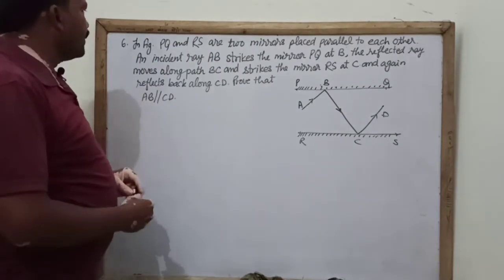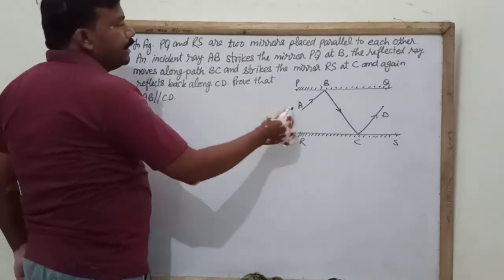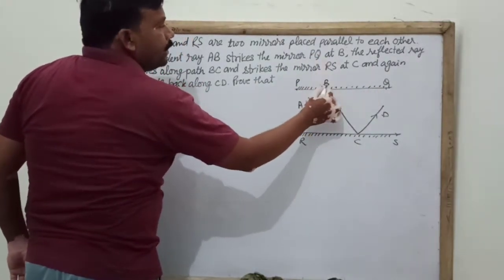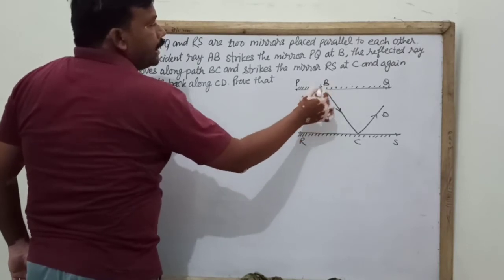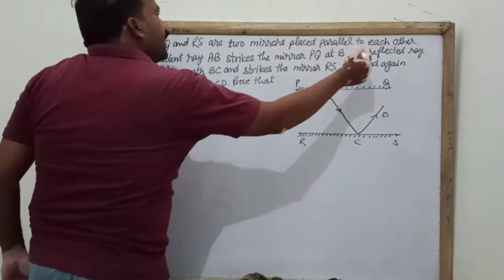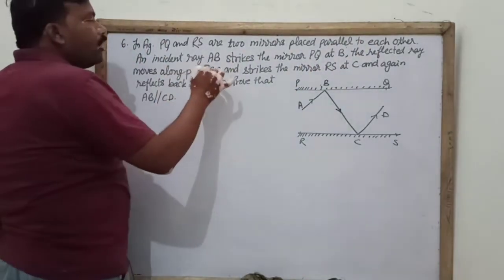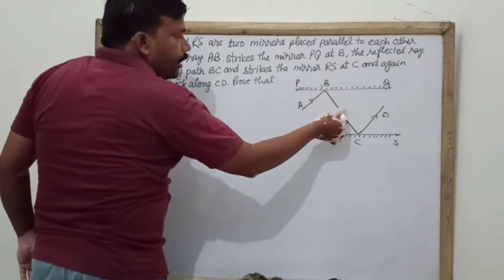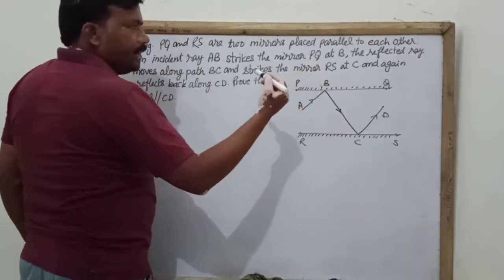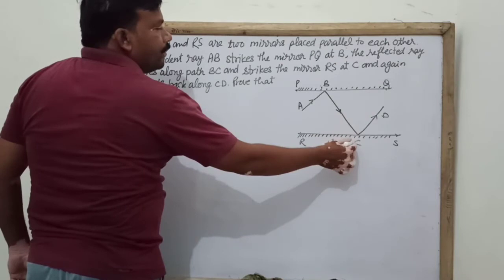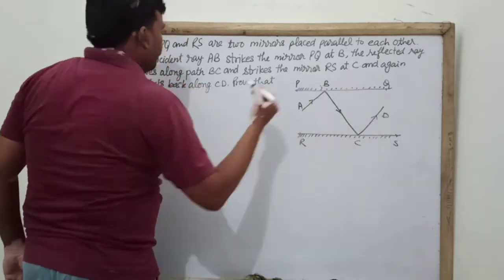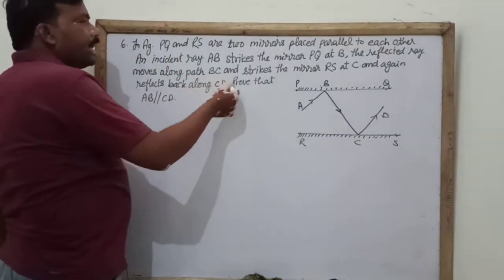Now next information is that an incident ray AB strikes the mirror PQ at point B. The reflected ray moves along path BC and strikes the mirror RS at point C. And again, it reflects back along CD.